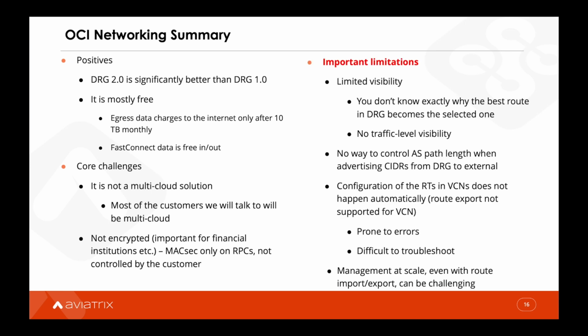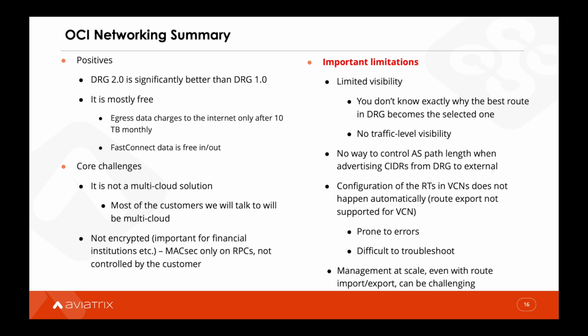Other types of limitations, as in the other native cloud constructs, you have limited visibility. You don't know why exactly one specific route is becoming the best route out of the many potential options that are being advertised to your DRG. You don't have a full-blown traffic visibility into everything that is passing your DRG or your VCN attachments.